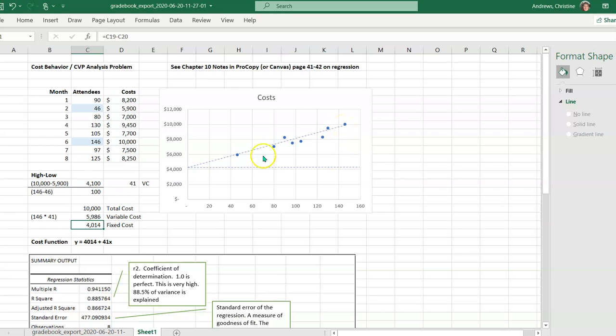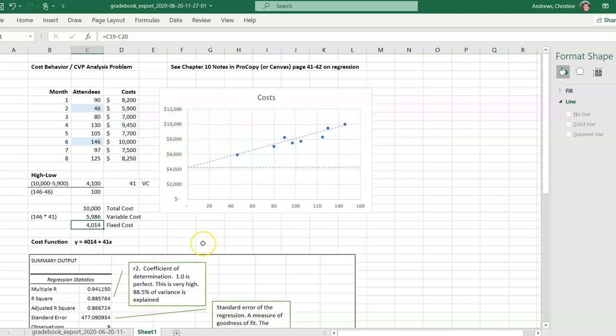One of the first things you want to notice is there's not much variance around the line. This one's probably the farthest away, but generally the observations are right around this line. Personally, I think it looks like it specifies the function pretty well. It's linear within the relevant range, and that's one of the things we look for.